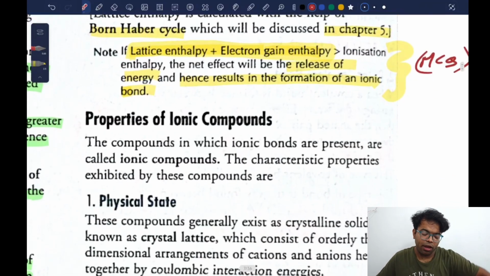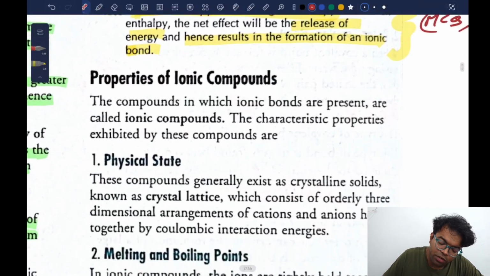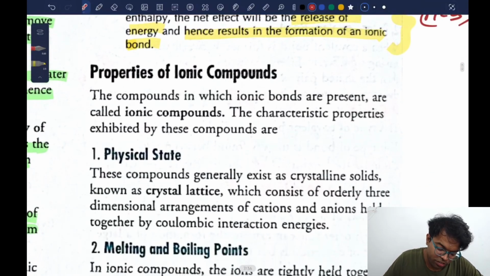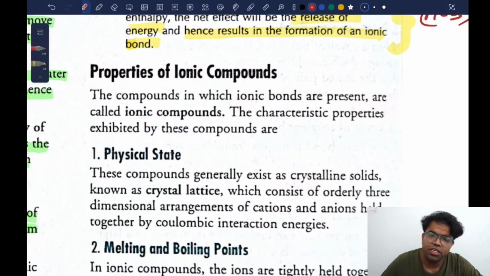Okay, let's move on. Now, properties of ionic compounds. The compounds in which ionic bonds are present are called ionic compounds. Just as in the case of covalent compounds and covalent bonds, we discussed their properties, like their melting point, their solubility, their boiling point, their state. Similarly, we are going to do that for the ionic compounds also.